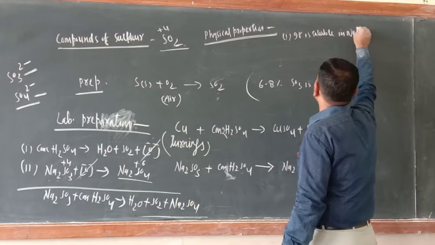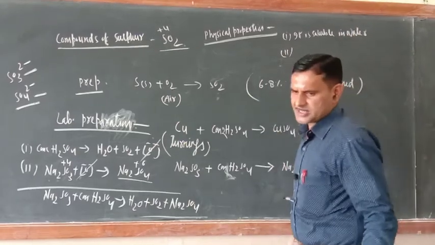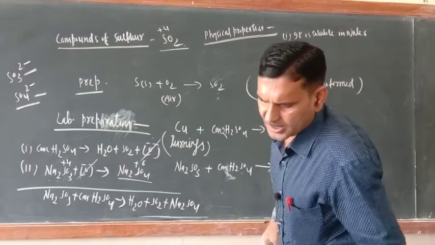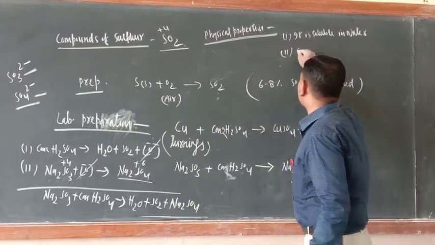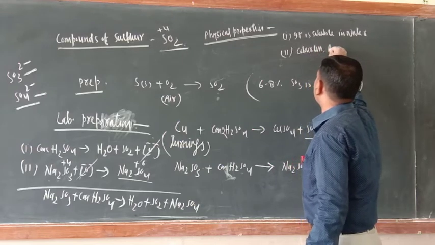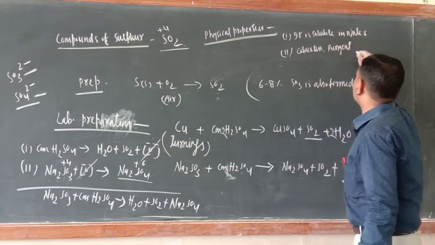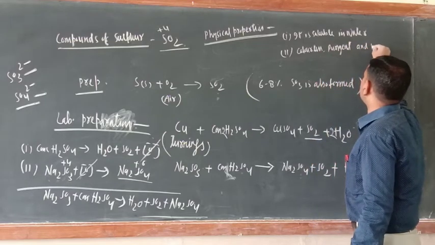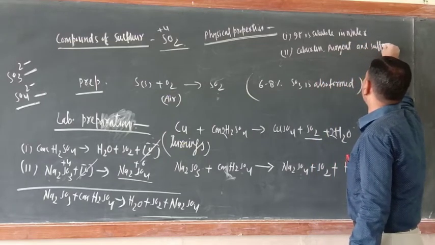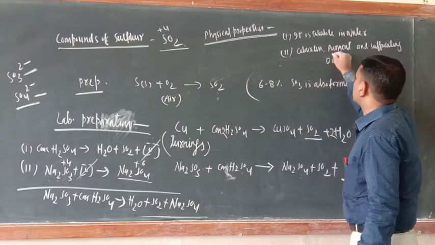What is the next property? The second one is that it is a colorless gas with a pungent, suffocating odor.